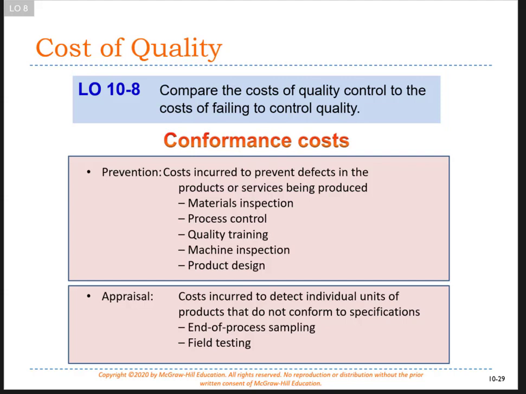Prevention hopefully does it sooner by not starting a process with stuff that's going to end up not working. Okay, but both are important, all right, but appraisal is far more expensive.